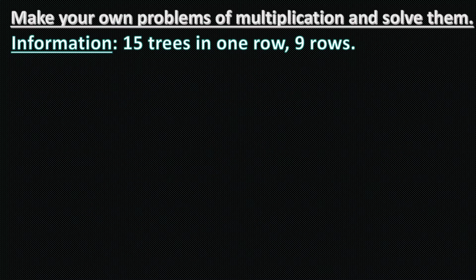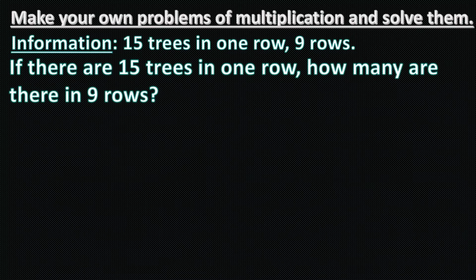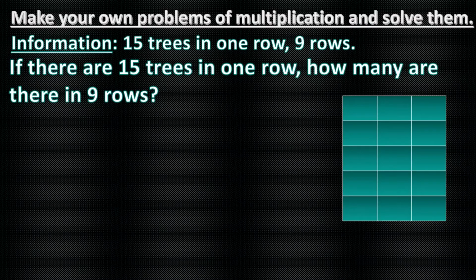Now the next given information is 15 trees in one row, 9 rows. So the question here will be, if there are 15 trees in one row, how many are there in 9 rows? Draw the columns, write hundreds, tens, units.